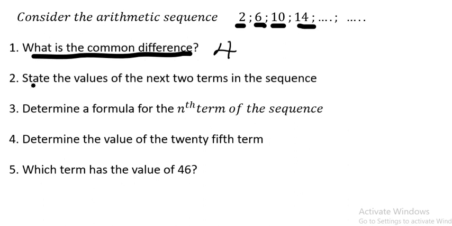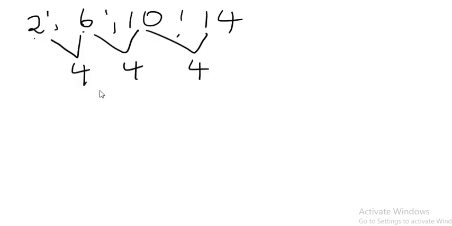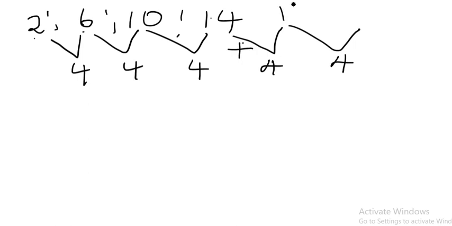The next question says state the value of the next 2 terms. Let's find the next 2 terms. It's going to be easy because we already know the common difference, which is 4. So we add 14 and 4, that gives us 18.